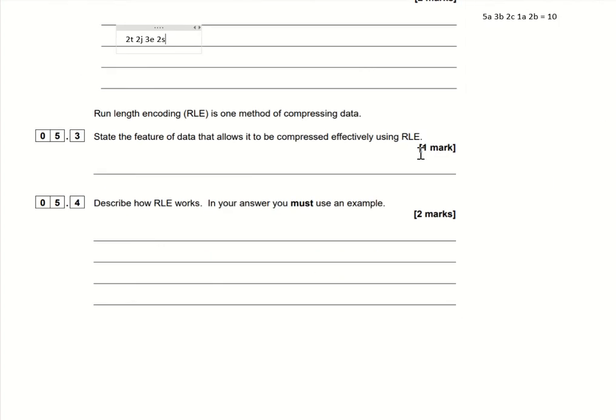The more theory style questions talk about what run length encoding is and how it works. This question has a bit of both. This first question says, state the feature of data that allows it to be compressed effectively using run length encoding. The answer to this is that it must contain lots of runs. Or, alternatively, you can also write has repeating values.